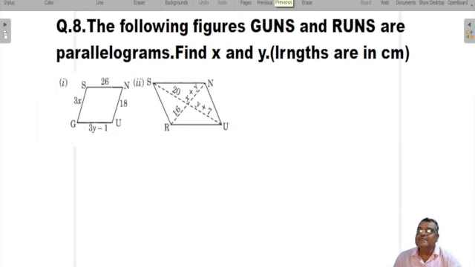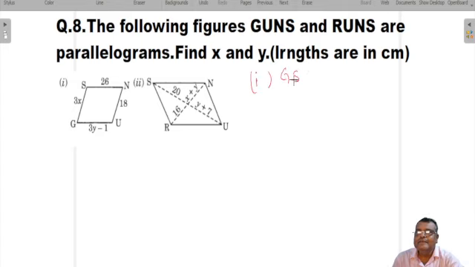Let us see the next. In the following figure, GUNS and RUNS are parallelograms. Find x and y. The lengths are given in centimeters.